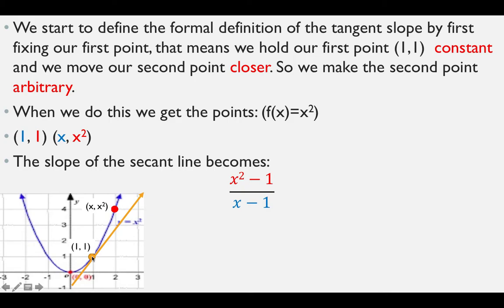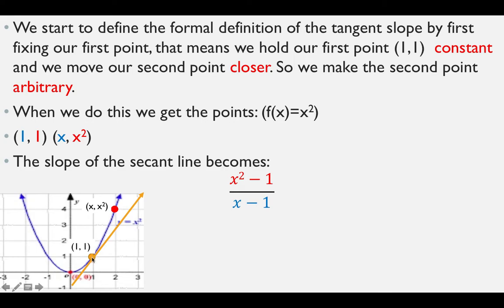But if I want this point to move to this point, I'm going to use something from last semester, or last time, which is a limit. If I put a limit in front of this expression and say the limit as x approaches 1, because the x that I want is 1, I'm going to make this point approach this point.